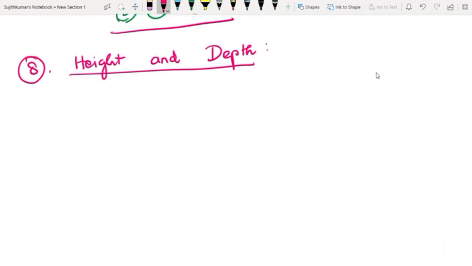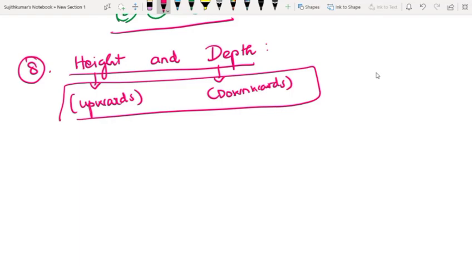Depth is something you have to measure downwards, guys. Height should be measured upwards. This is the thumb rule which I wish you to remember: height should be measured upwards and depth should be measured downwards.